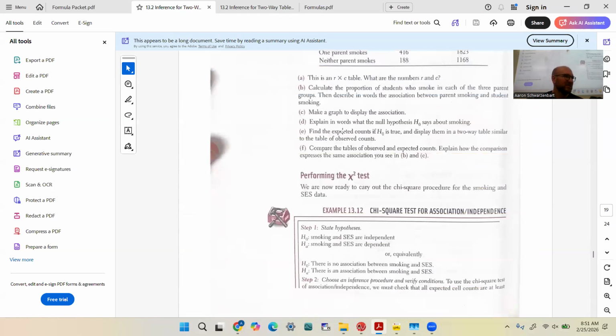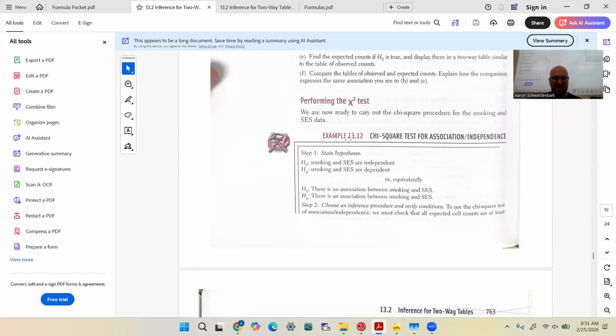And what's our conclusion? There's an association. We're not telling where the association is, though. But there is a difference between the socioeconomic classes. And it might only be a difference between one of the three. There might be a difference between middle and low, or high and low, or high and middle, but we don't have the information from this test to give that.